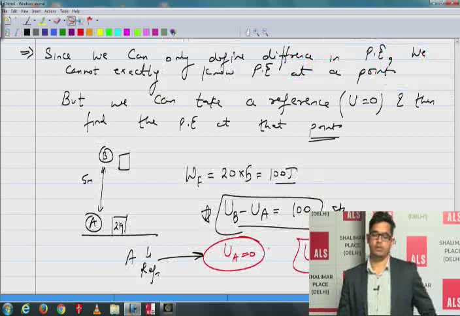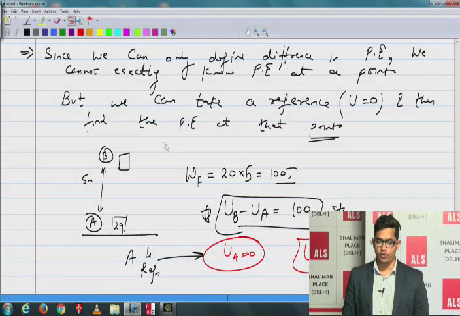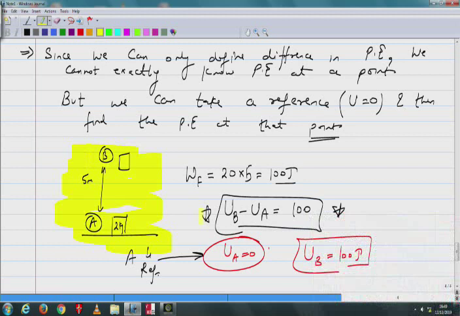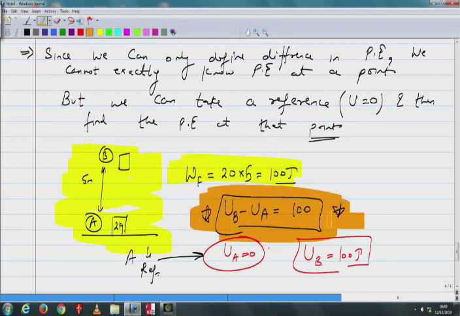Okay, this one. If you take this example, work is done by the force. How much? 100 joules. Work is 100 joules. That means the potential energy difference is 100 joules. So this is what we can calculate.